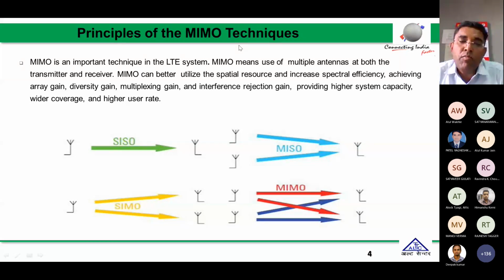We cannot move beyond 2x2 MIMO from 3GPP release 7 because MIMO requires a noise-free, or we can say interference-free, environment to transmit the parallel transmission of the data in parallel channels.